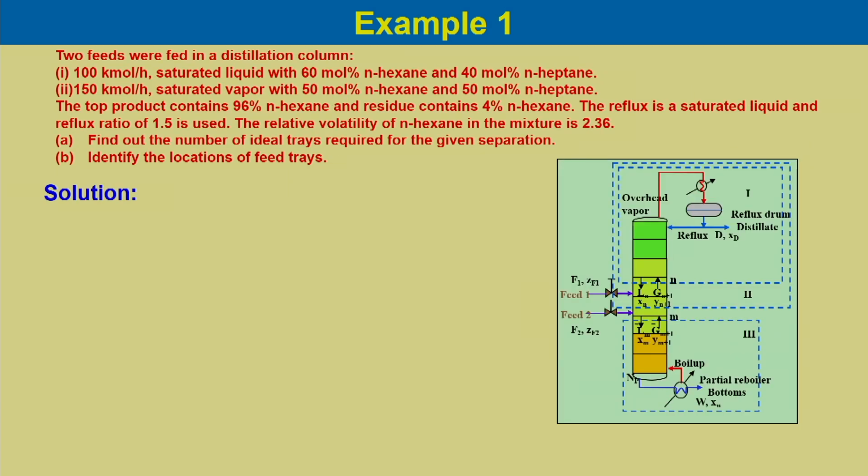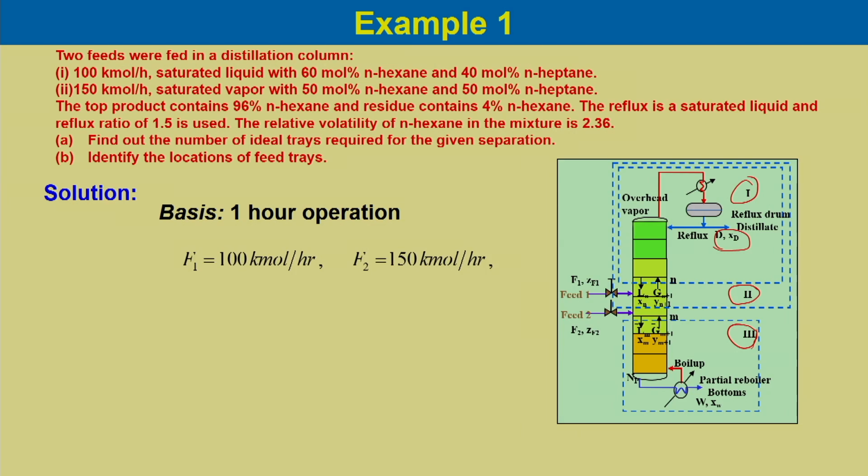So, for the 2 feed column we have 3 different envelopes, envelope 1, envelope 2 and envelope 3, and all the feed conditions and their compositions are mentioned here, along with the bottoms and the distillate coming out. The basis is 1 hour of operation.